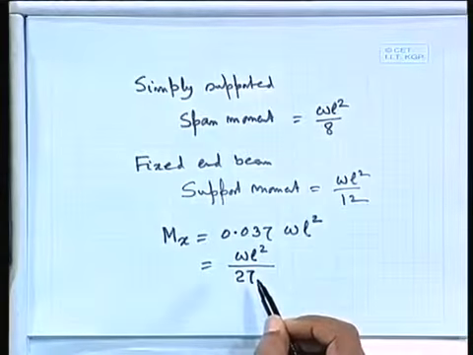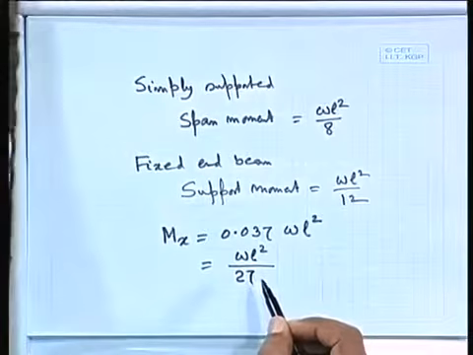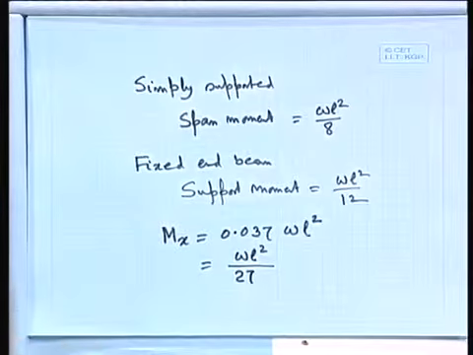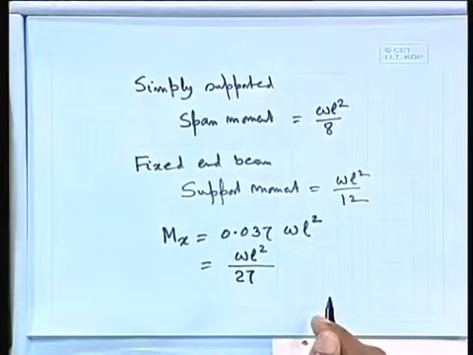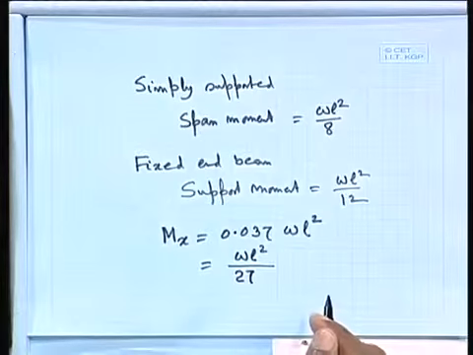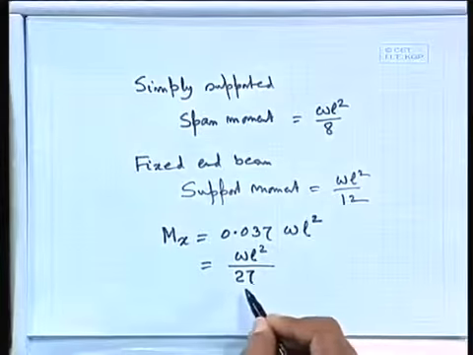So like that you can get it, I could find out few values which is coming, say 0.107, 0.1 like that. So when you are getting 0.107 which is coming as 9.3, that means WL square by 9.3.